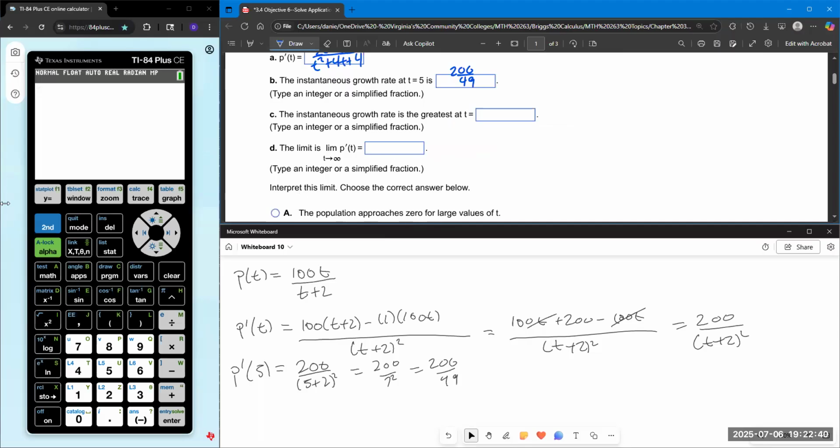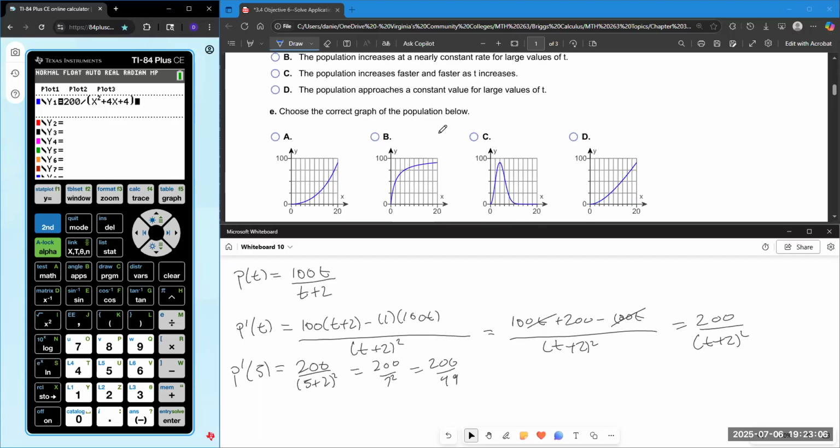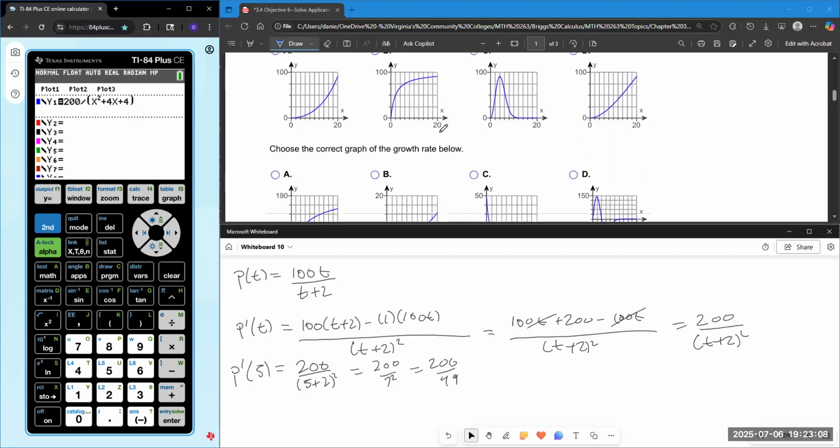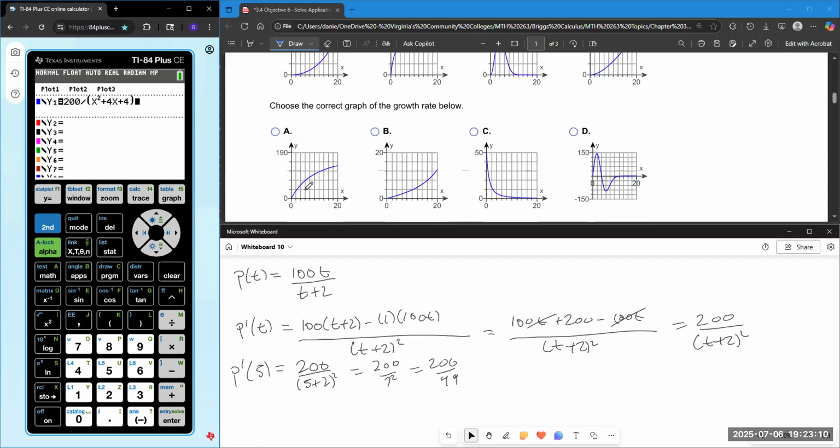Let's go ahead and look at it. So 200 divided by x squared plus 4x plus 4. I'm using x's instead of t's there. And I think they make me graph this. 0 to 20.